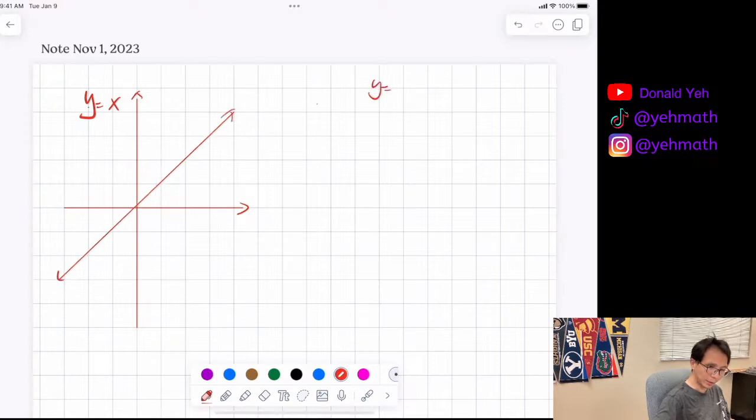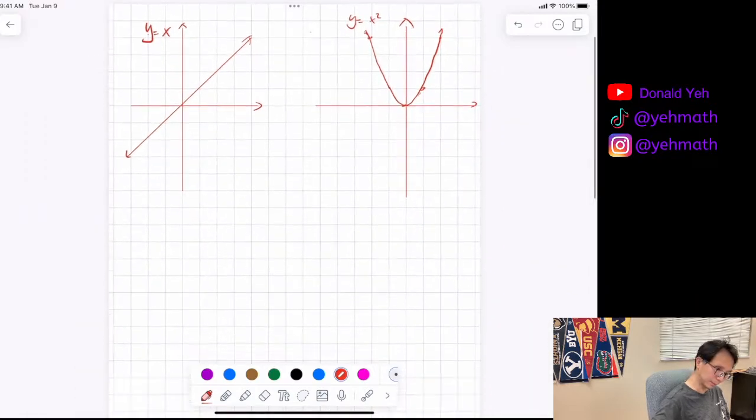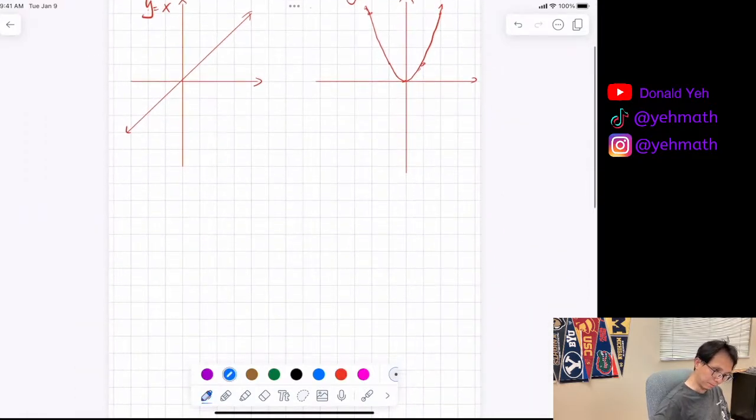And y equals x squared looks like a U, and it has to have the specific coordinates. That's why you're supposed to graph it. Y equals absolute value x looks like a V. You're supposed to know that, and you have to know the translations.